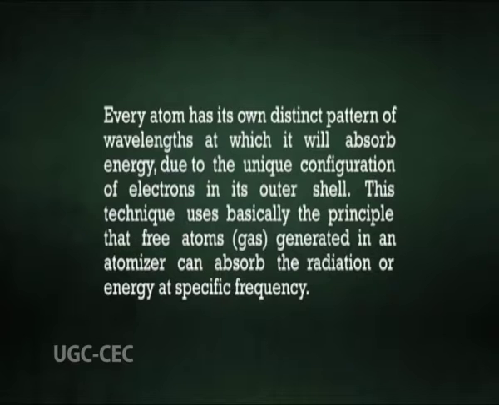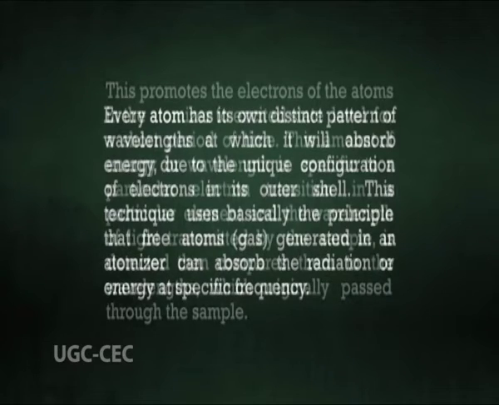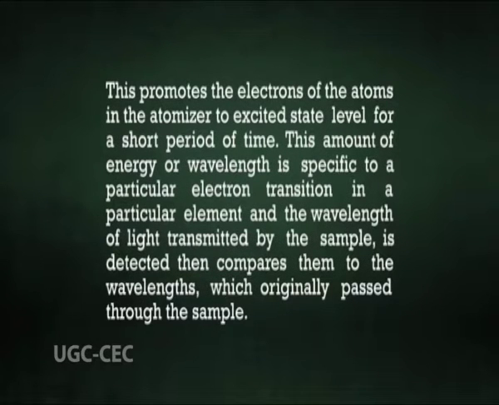This technique uses basically the principle that free atoms, gas, generated in an atomizer can absorb the radiation or energy at specific frequency. This promotes the electrons of the atoms in the atomizer to excited state level for a short period of time.